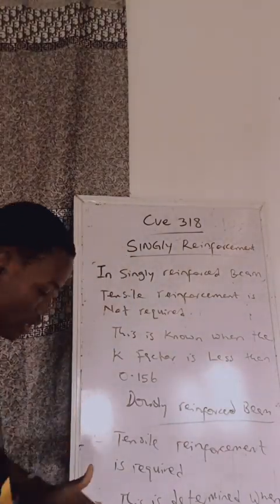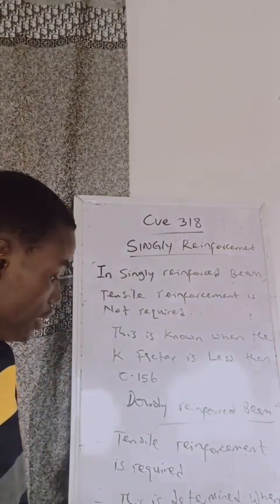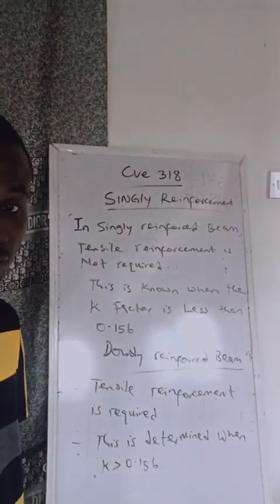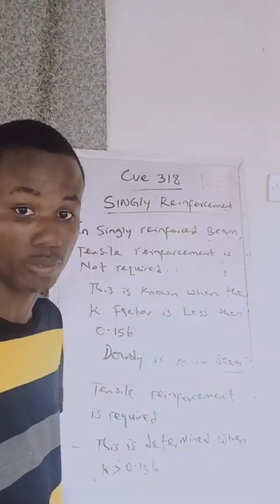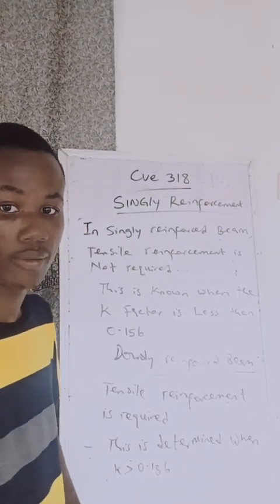So when K is greater than 0.156, then it is a doubly reinforced beam.